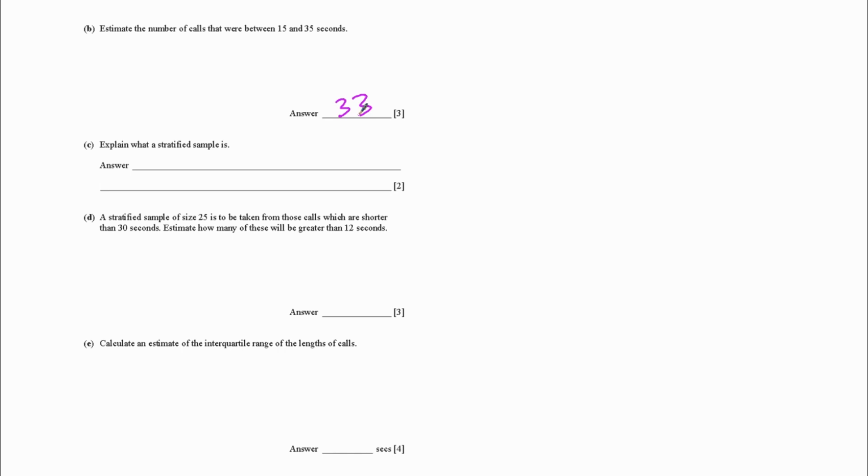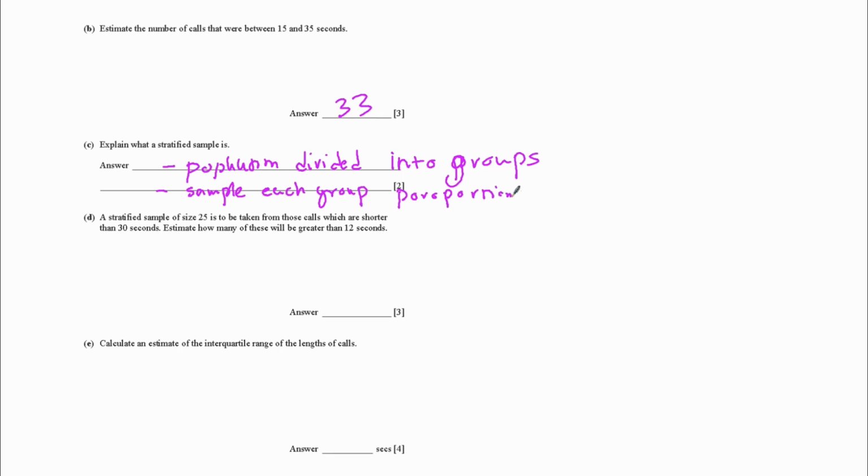The population is divided into groups when we want to take a sample, and then the sample from each group is proportional to the population of each group.